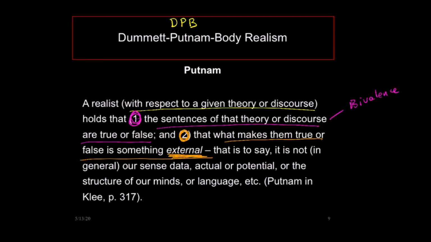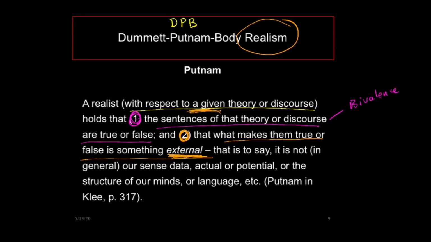So you can see something very important here. This description is a description of realism, not a description of scientific realism, right? Because it's a description of realism with respect to any given theory or discourse. This is going to turn out to be very handy for us because we can use it, for instance, to talk about realism in ethics.